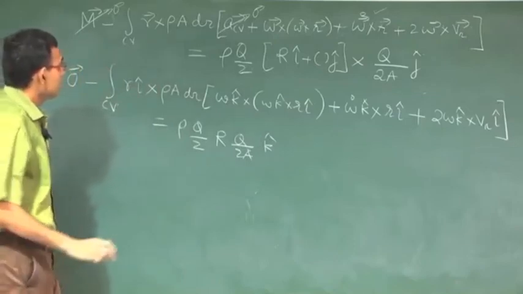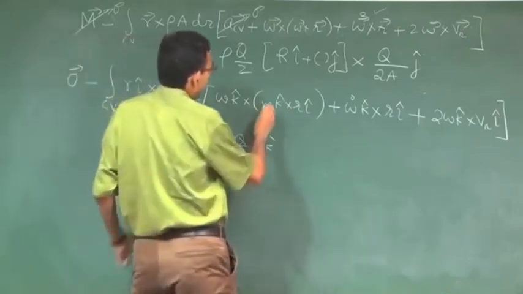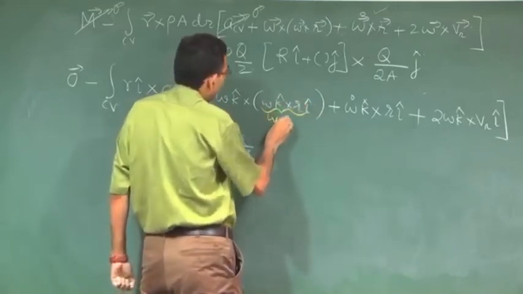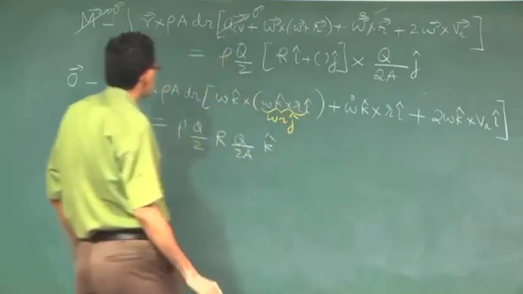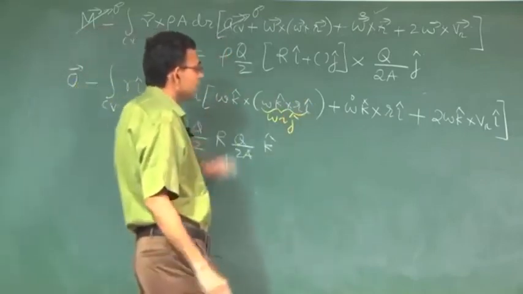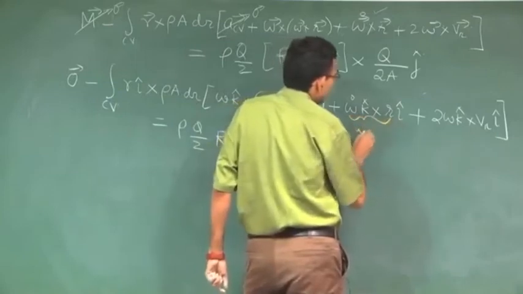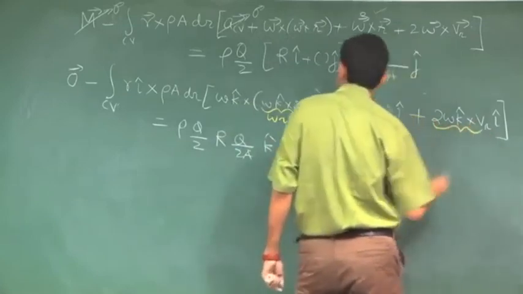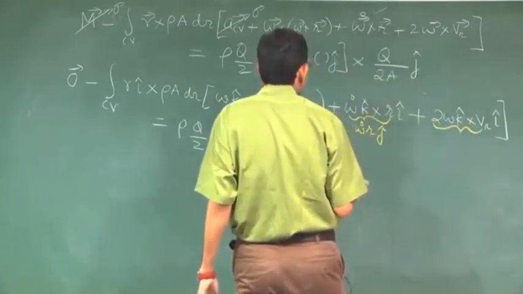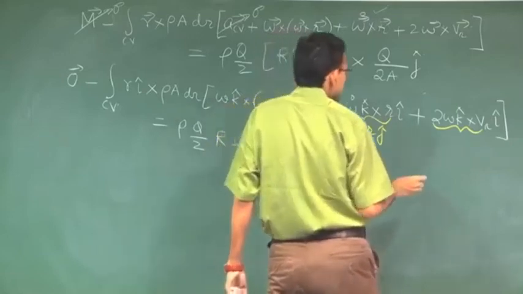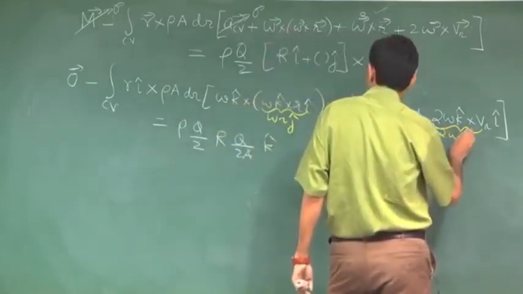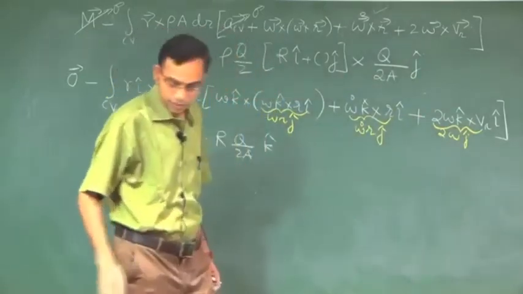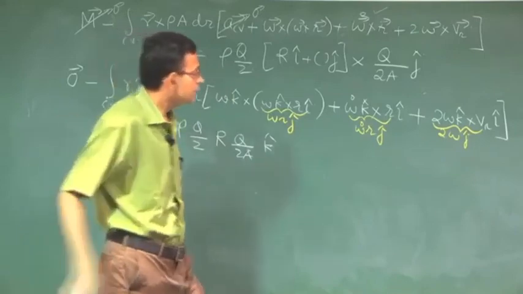So k cross i is j, so omega R j, here also omega dot R j, and here is 2 omega j, sorry, yes, Vr is there.